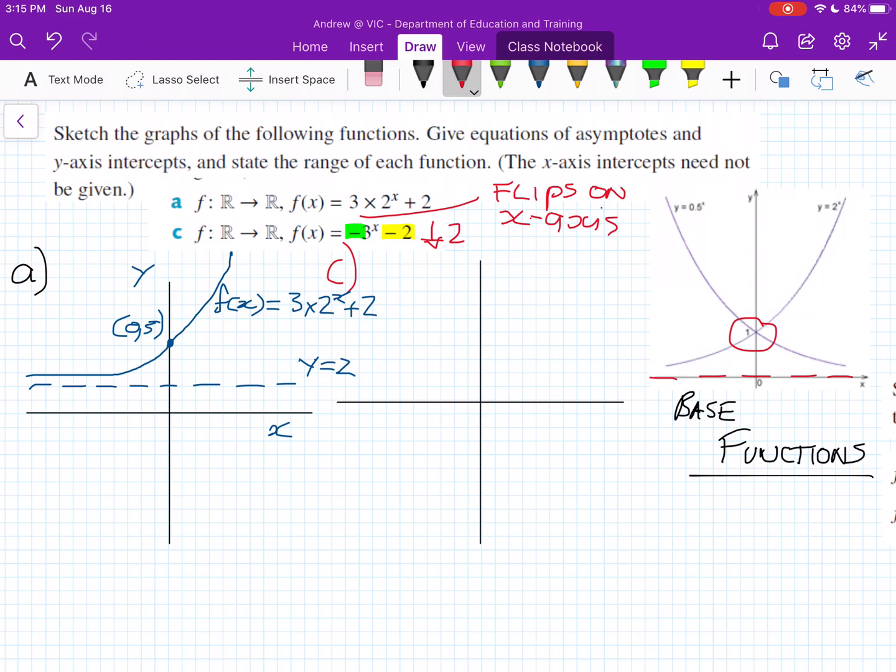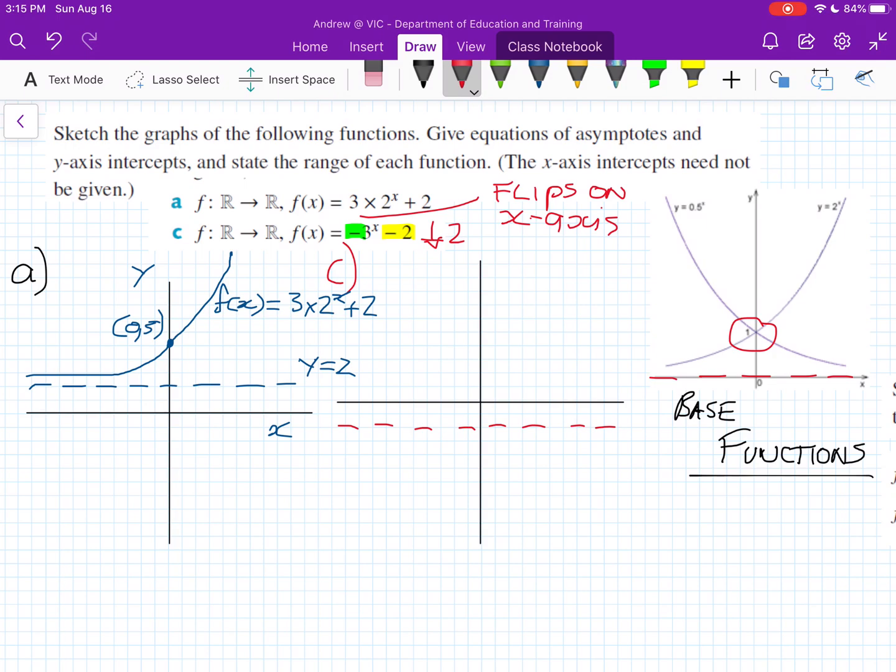Okay, so now I'm going to try and accurately draw this. So we've got our asymptote, and this is going to be at y is equal to negative 2. You'll notice that nothing's multiplying out the front, like our other one.